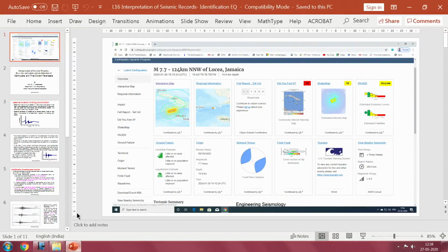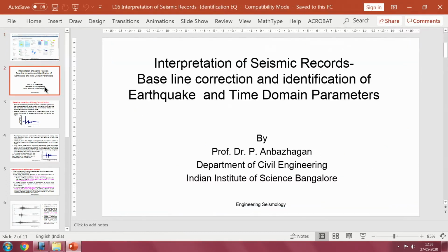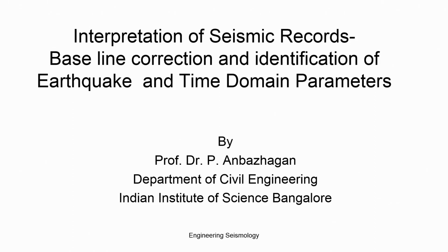The interpretation of an earthquake is one of the important aspects of engineering seismology to understand regional seismic activity. So how do we interpret an earthquake? First you have to get proper data, confirming that we have a proper waveform.